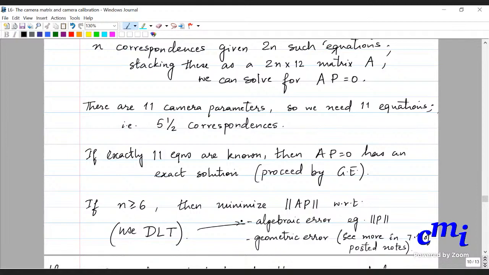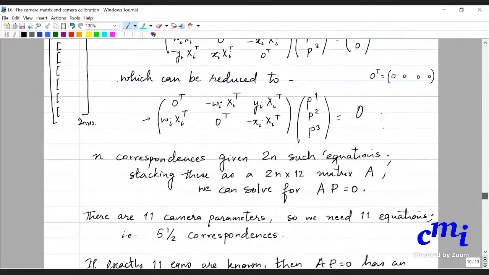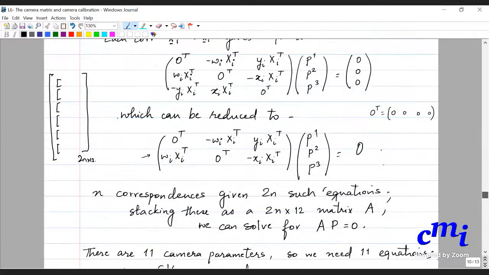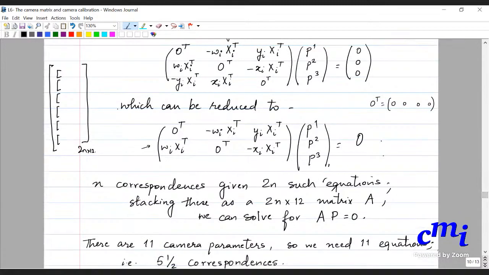Okay, so in this algorithm there are some finer details which you may or may not look at. So you can just think of that earlier case of homography where you were minimizing norm AP with respect to norm P. Okay? And now because this is a 2n by 12, this has to be 12 by 1.